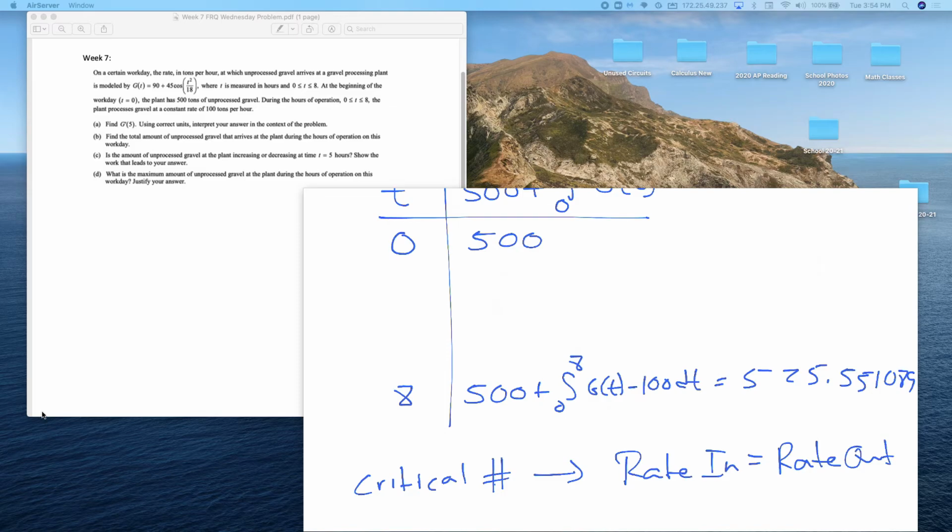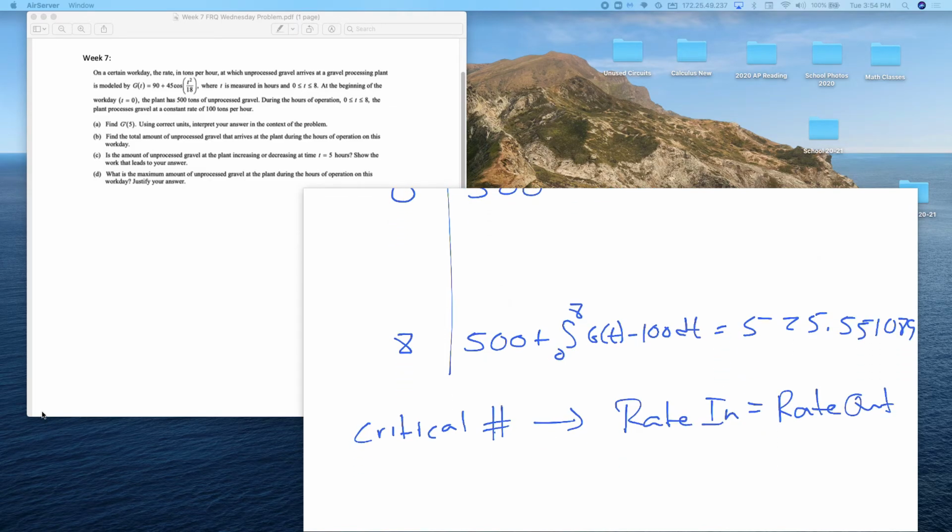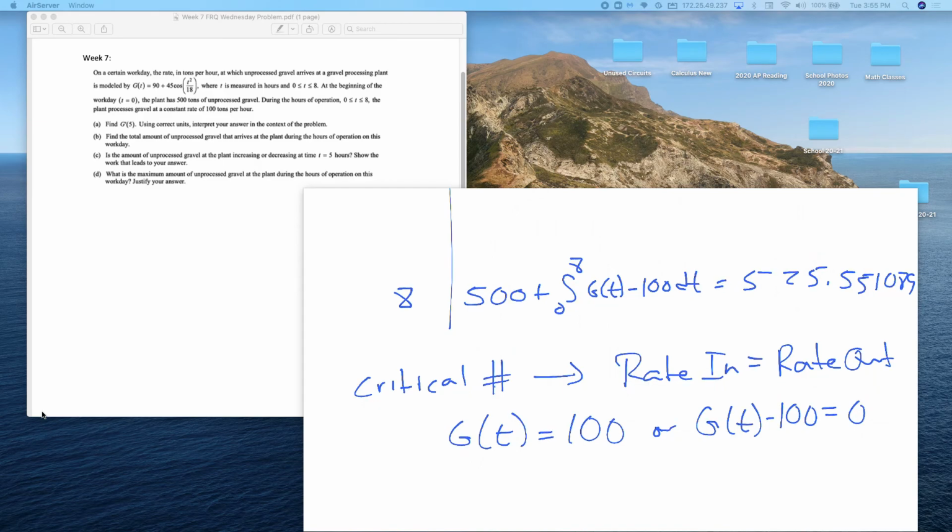So what we can do is figure out, well, when is G of t equal to 100? Or when is G of t minus 100 equal to 0? They're the same thing.